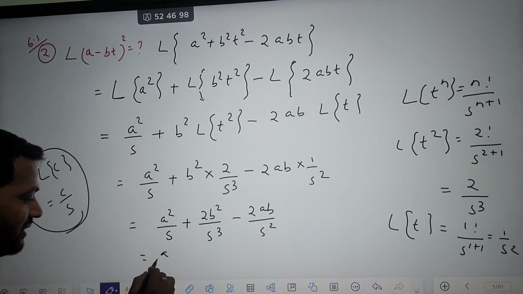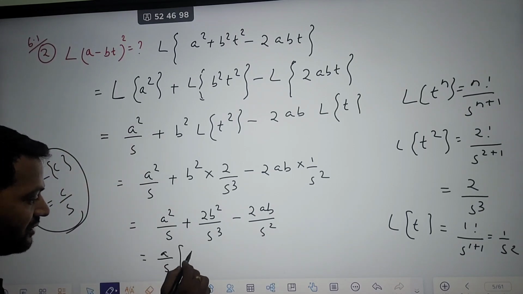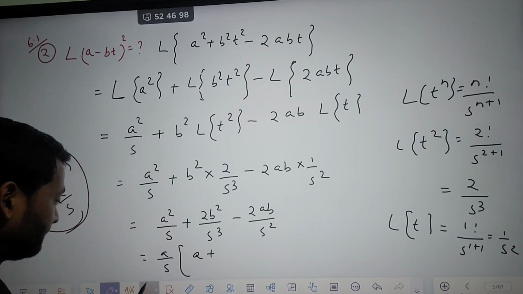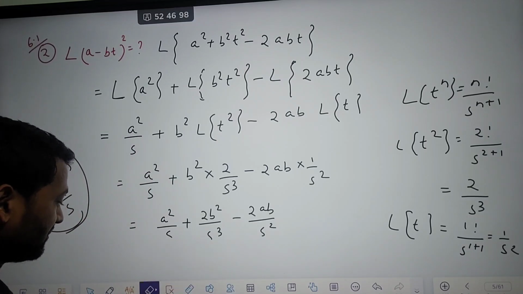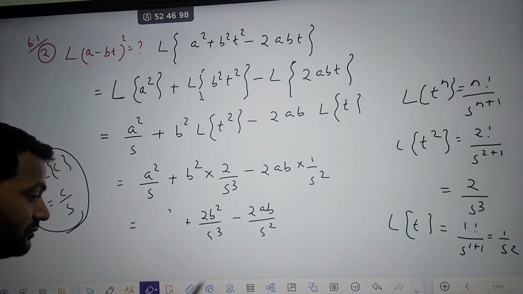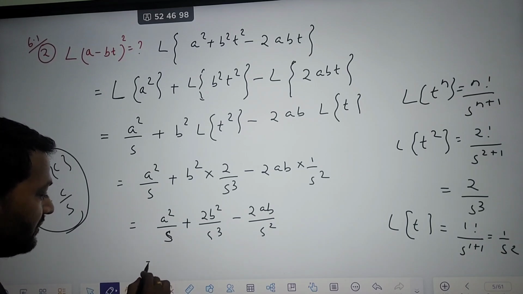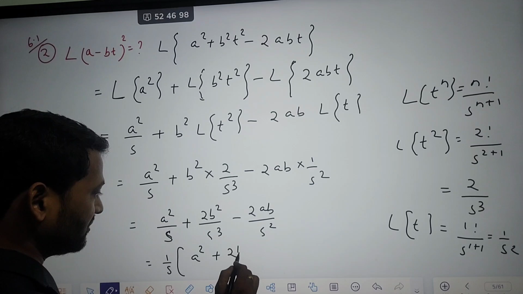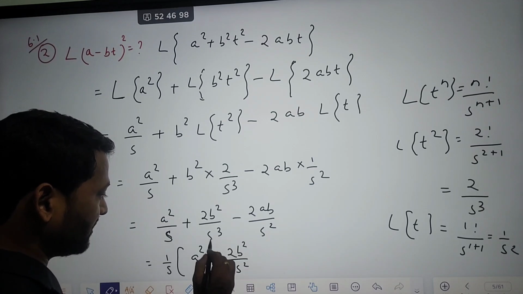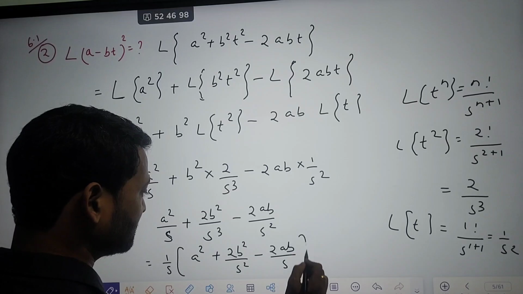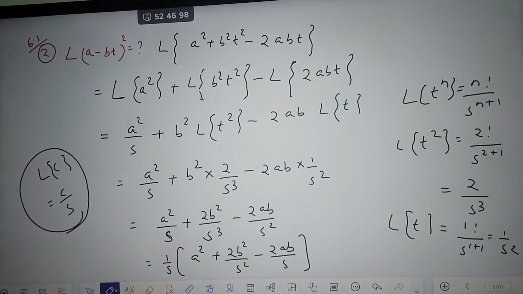Then if I take a by s as common, sorry, we cannot take a as common. If I take 1 by s as common, then it is a square plus 2b square by s square minus 2ab by s. That is your final answer.